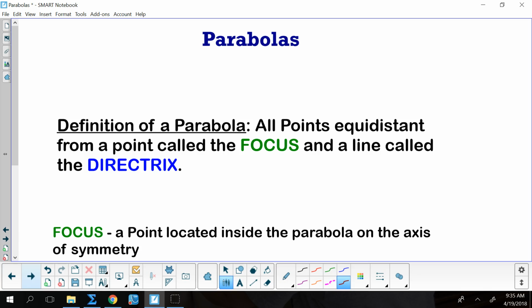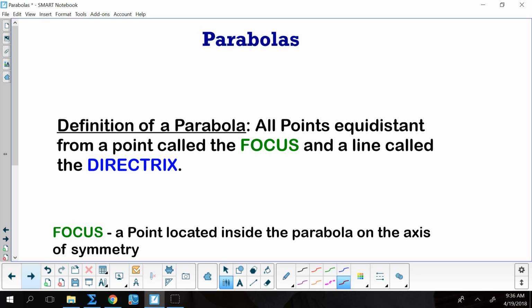Math speak here now. We're going to get a little math speak action in here today. Math speak is going to tell me that the definition of a parabola is all points equidistant from a point called the focus. So this dot that you put in the middle, that is your focus. Okay?